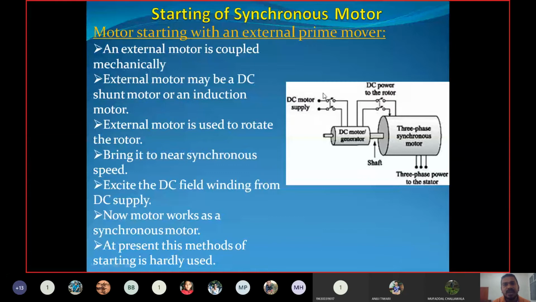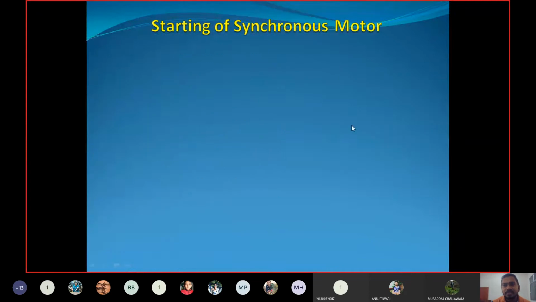Then we switch on the DC supply of this DC motor and adjust its speed nearly equal to the synchronous speed with the help of the field control method as well as the armature control method. So we measure the speed and then adjust the speed of the DC motor nearly equal to the synchronous speed.